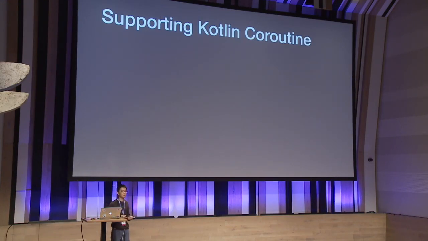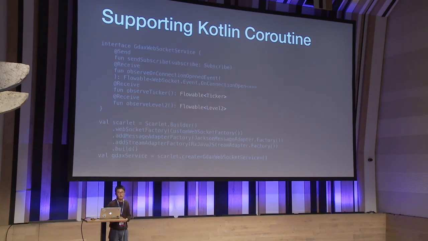And to support Coroutines and use Channel instead of Flowable, you only need to change three lines of code. First, change Flowable to Channel, and next, change the StreamAdapterFactory.